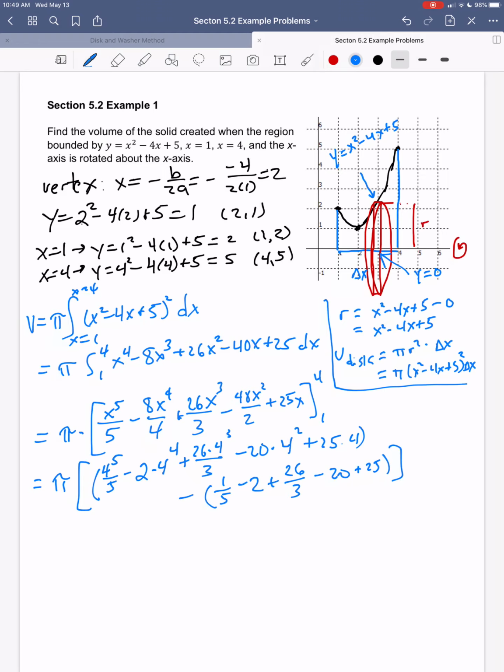So what do we get here? Well, 4 to the 5th is 1024. 4 to the 4th is 256. So 2 times 256 is 512. You can do all this on a calculator if you need to. 26 times 4 to the 3rd, well, that would be 26 times 64, which is 1,664.